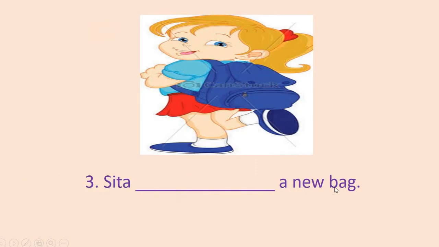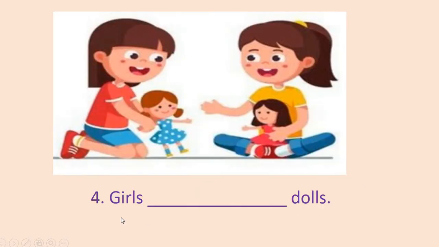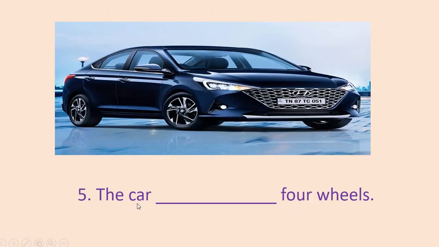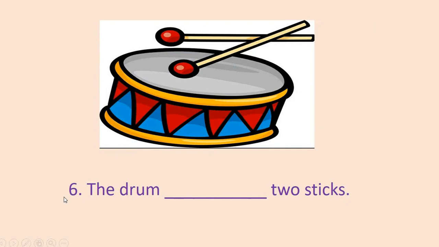Sita dash a new bag. Sita has a new bag. Girls dash dolls. Girls have dolls. Number 5. The car has 4 wheels. Number 6.